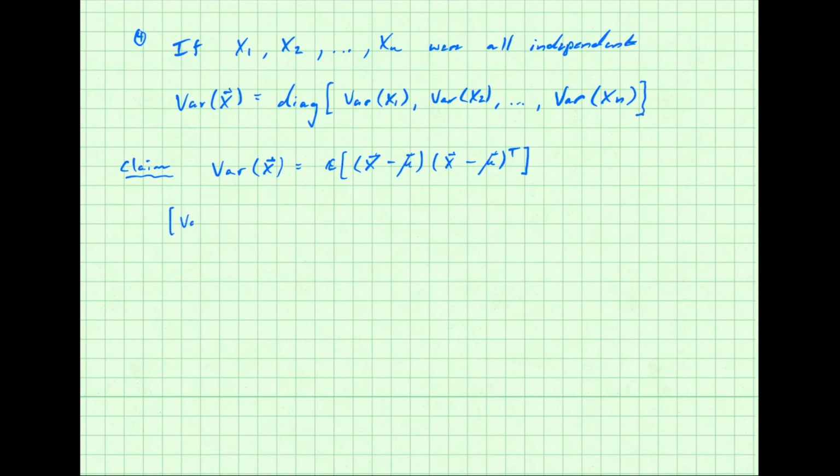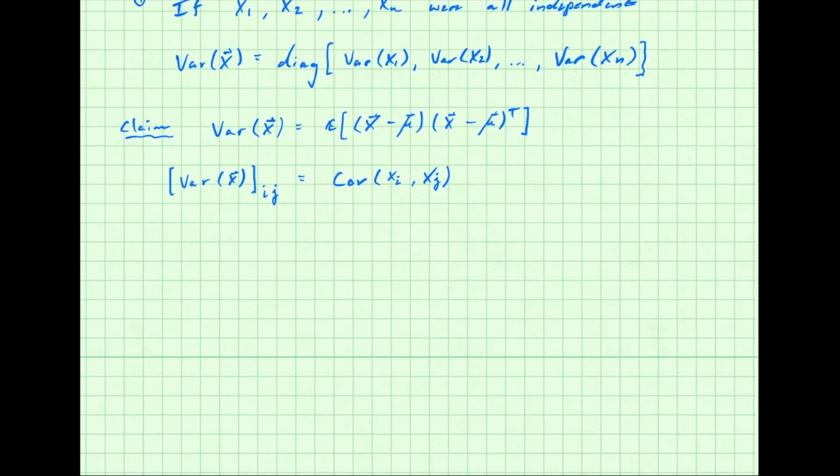I'm going to do it by looking at the elements of the variance-covariance matrix at first. Row i, column j of that matrix, by definition, is the covariance of xi and xj. And that then is the expectation value, from our previous lecture, of (xi minus mu i) times (xj minus mu j).